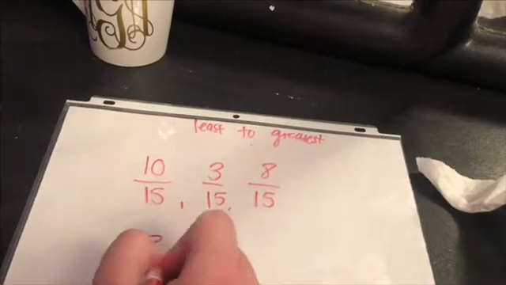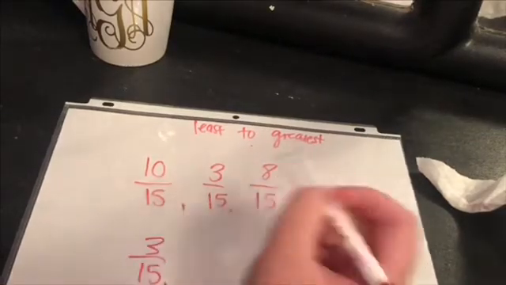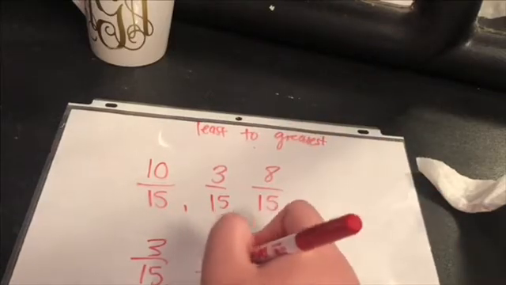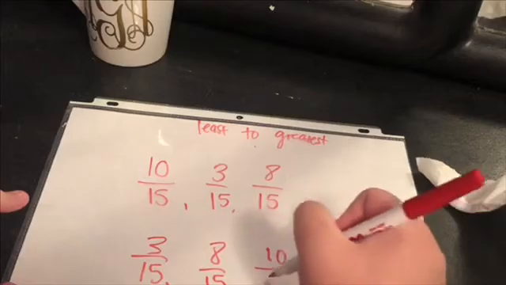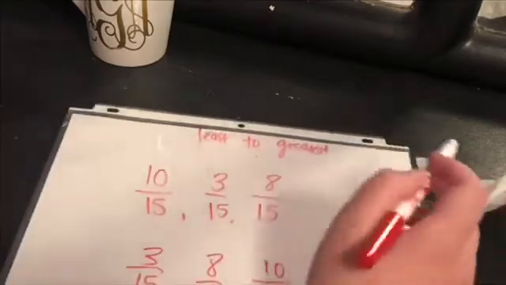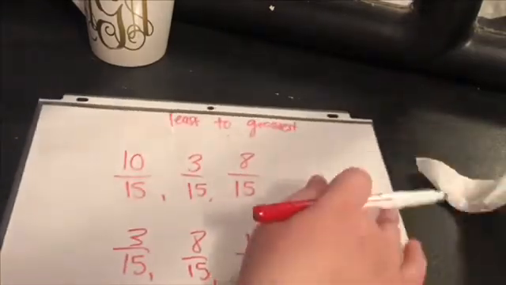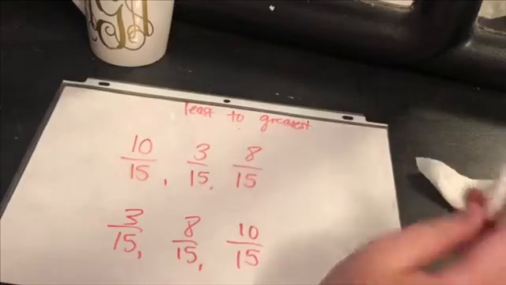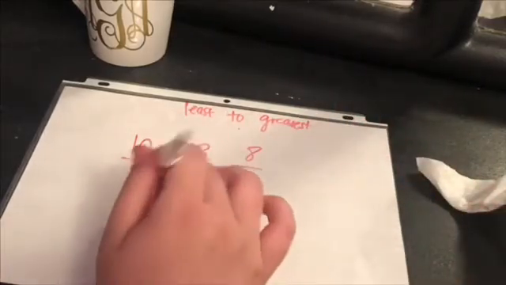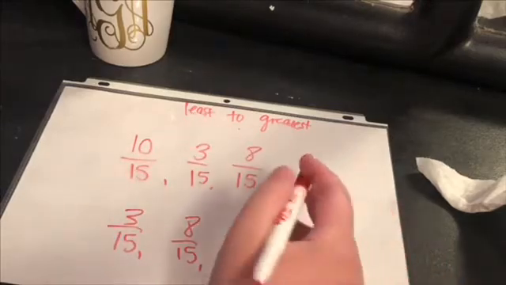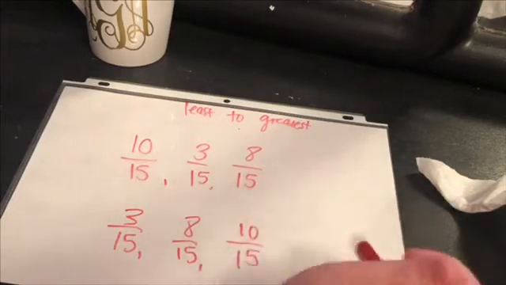So 3/15 will come first, then 8/15, and then 10/15. So we know that in order from least to greatest, this is the correct order. It would be 3/15, and then 8/15, and then 10/15.